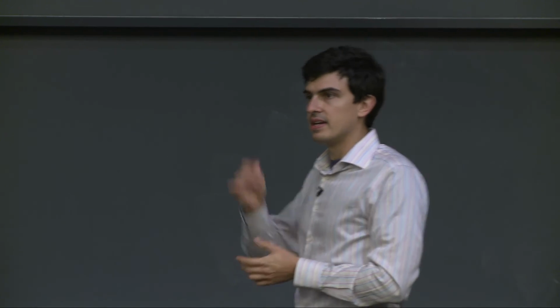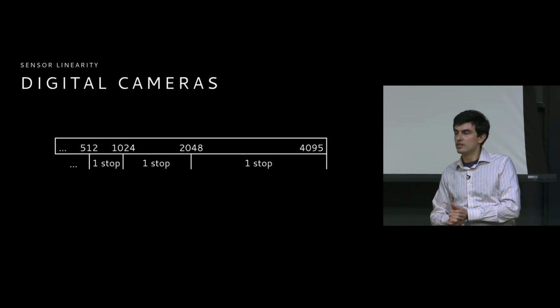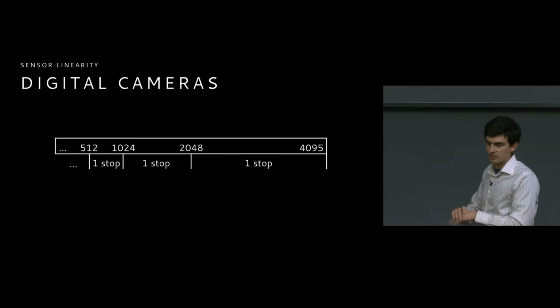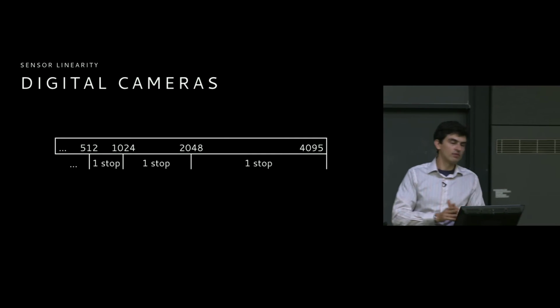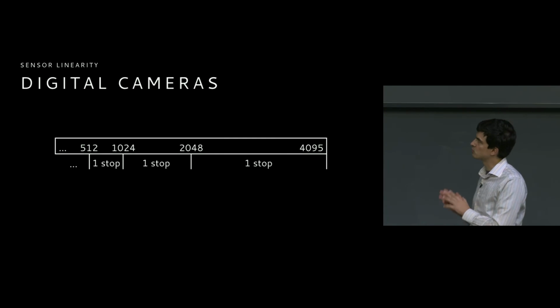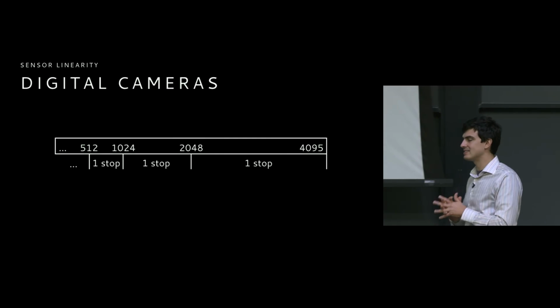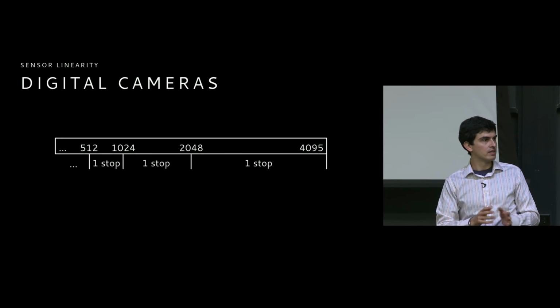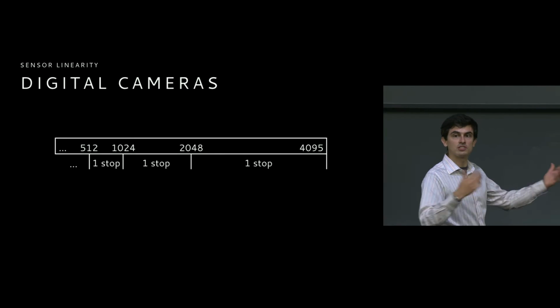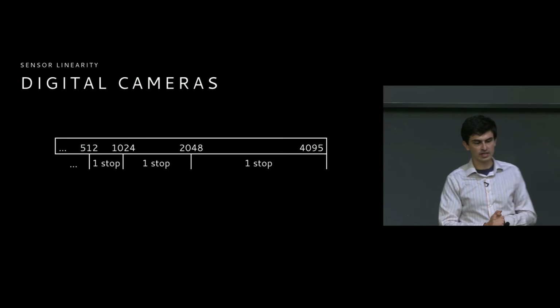But this means that those upper values, those stops at the higher end of what our sensor is able to capture, are made up of a lot more numbers than those lower stops of information. So imagine here that I have a 12-bit file, which means that for every red, green, and blue color channel, I have 4,096 total possible values. This is the same thing that we've been talking about with 8 bits, but with more values because it's a 12-bit file.